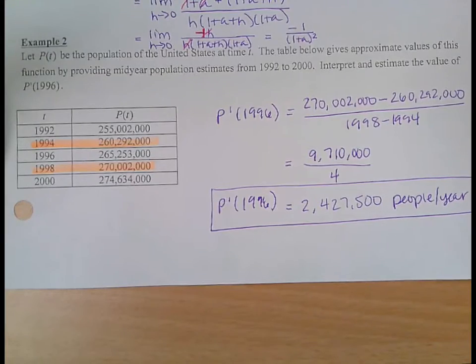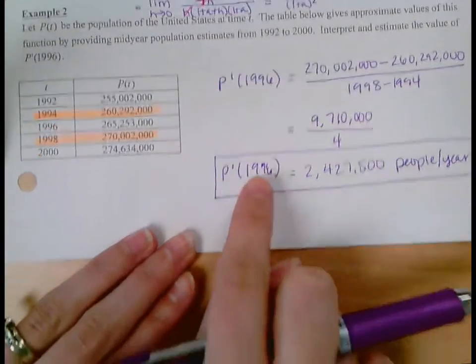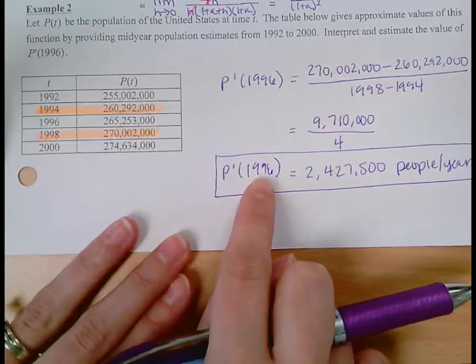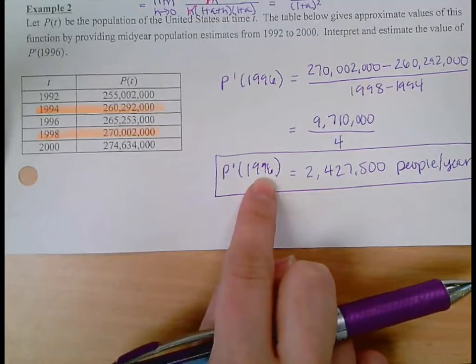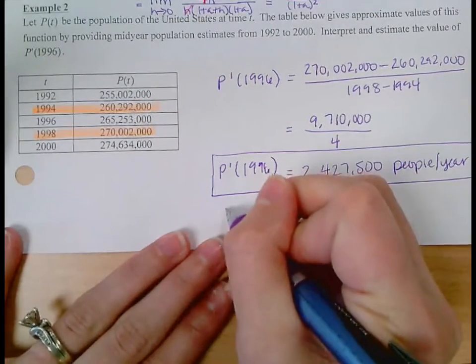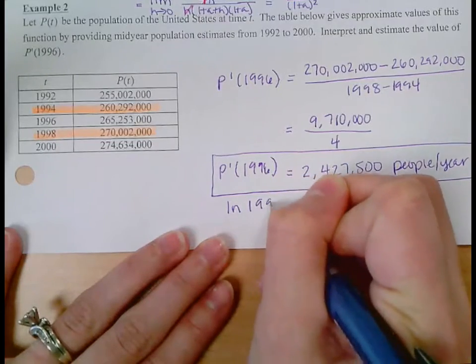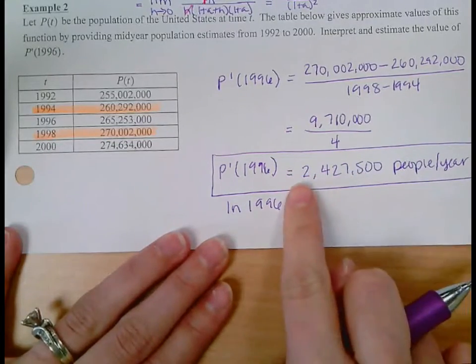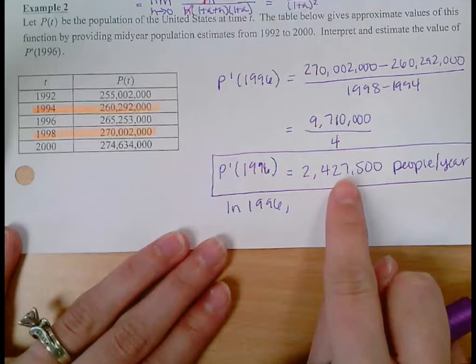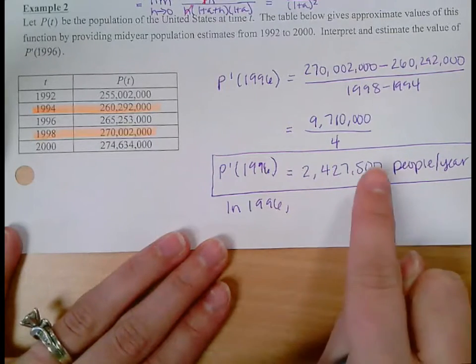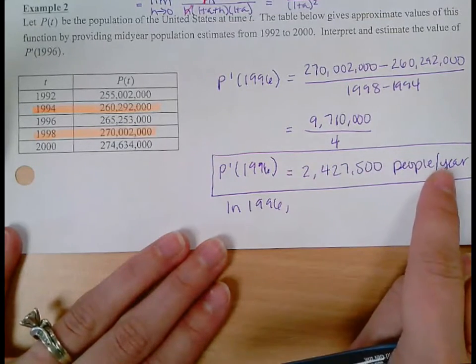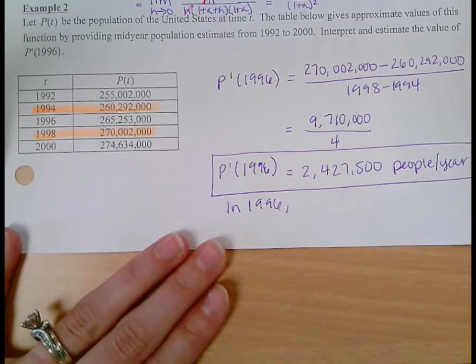So to interpret this, you have to address the specific year it's talking about, or whatever value it gives you. I could say in 1996, and since it's positive, the population is increasing by this amount per year at that time.